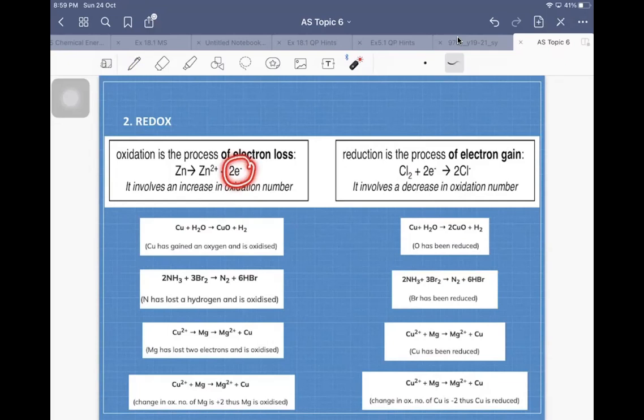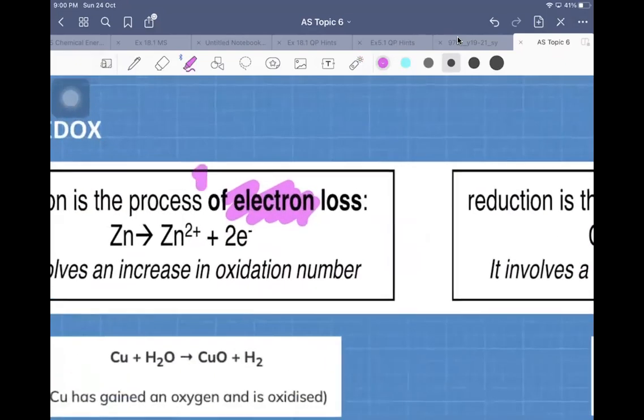Oxidation is when you see electrons on the right side, the product side, whereas reduction is when you see electrons on the left side, the reactant side. That's one way of looking at oxidation in terms of electrons, whether you lose or gain them. So that's number one.